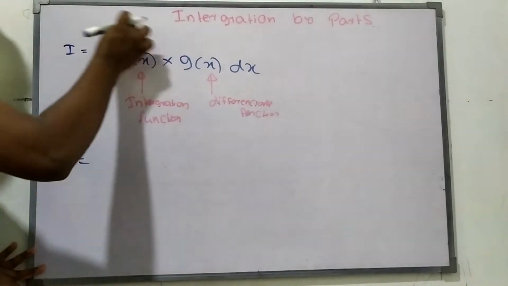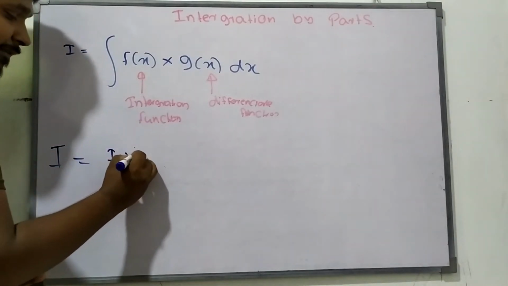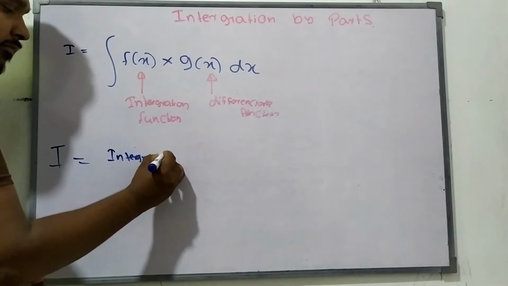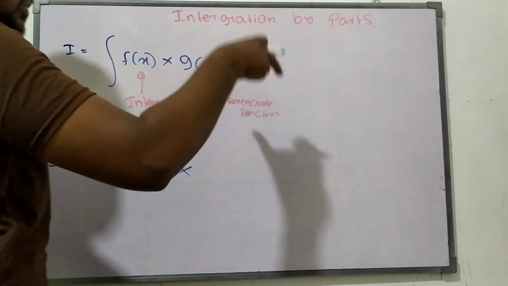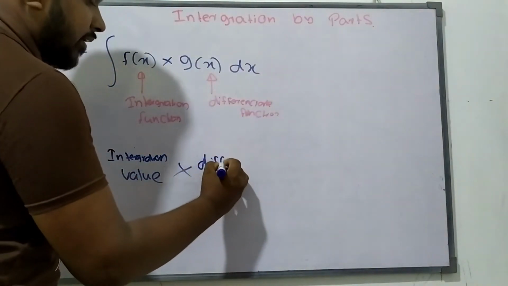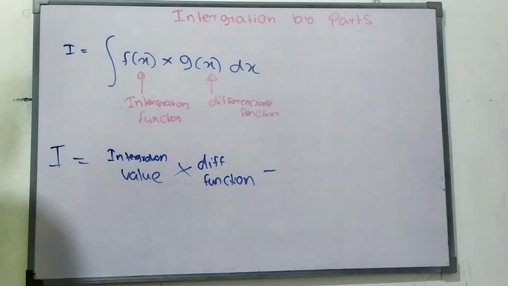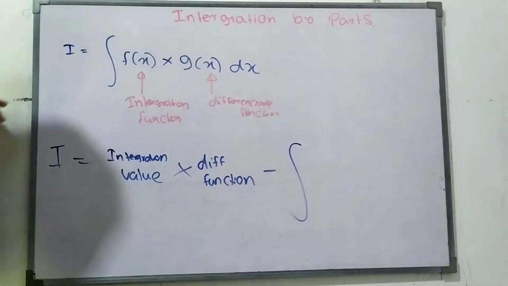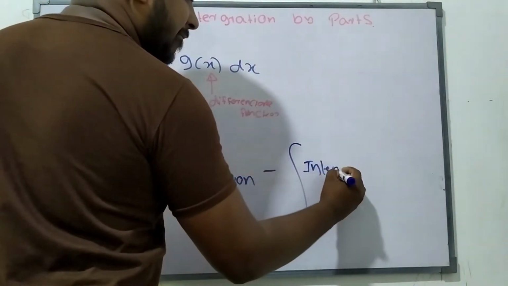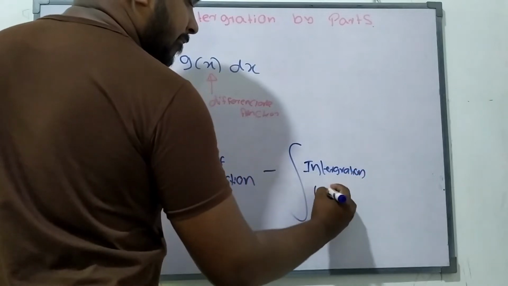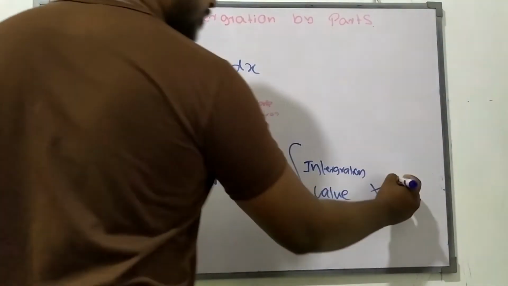Always, the integration value should be multiplied with the differentiation function, minus the integration value into the differentiation value.